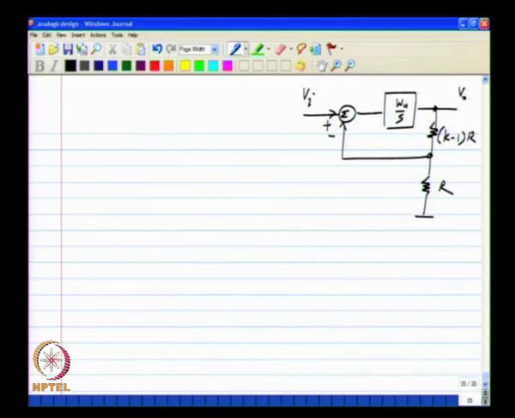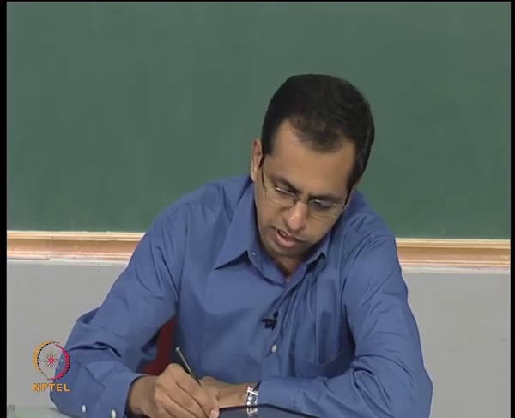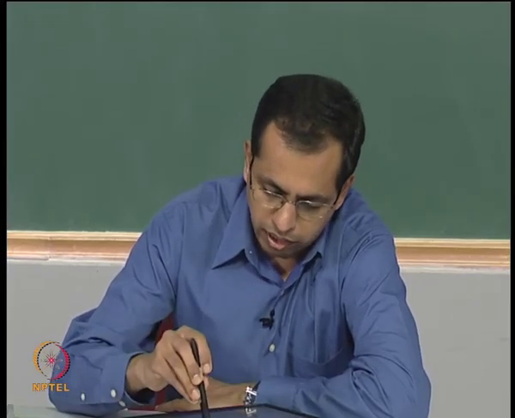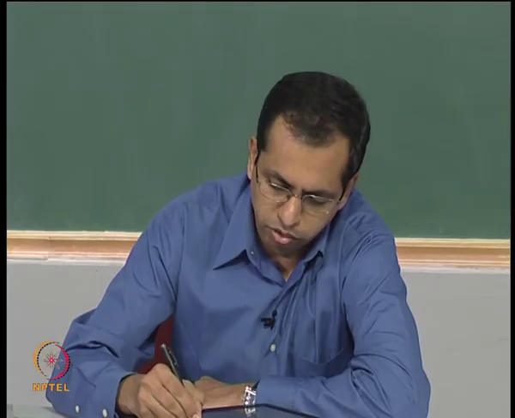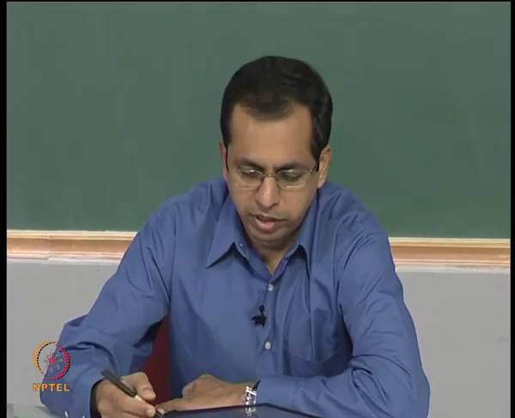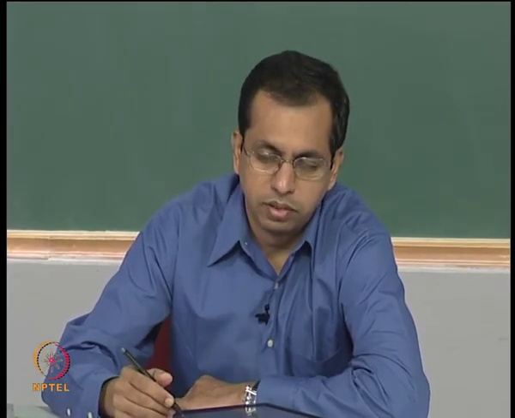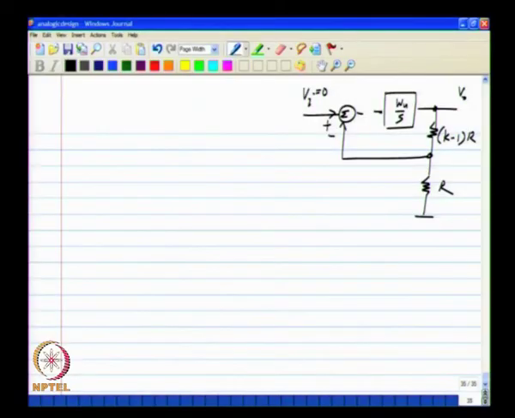Okay. And then in this case we are interested in what is happening inside the loop. So, we may as well set the input to 0 and we break the loop somewhere. It actually does not matter where you break it, as long as it is the loop that you are breaking, and you apply something here and see what comes back here, and the ratio of the two we return by V test is given by some minus L of s.